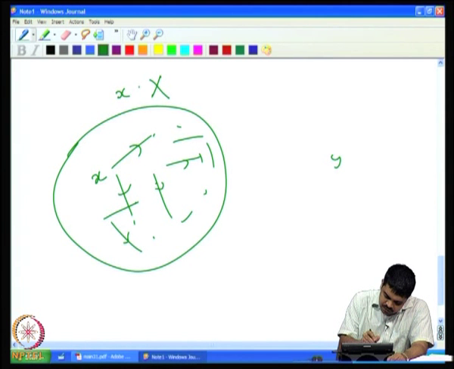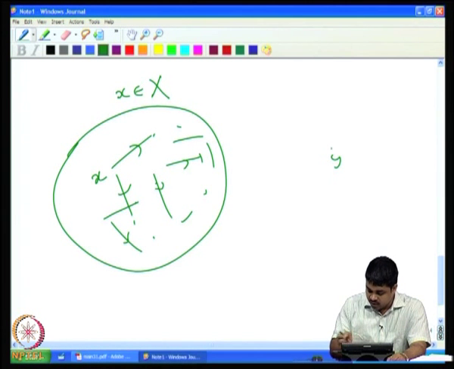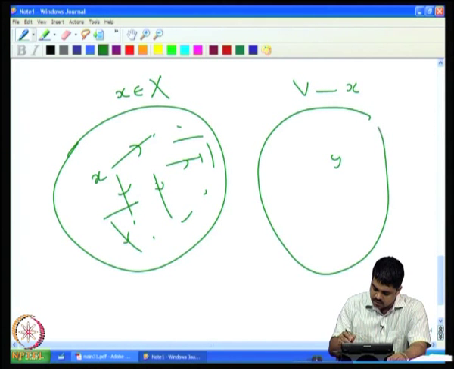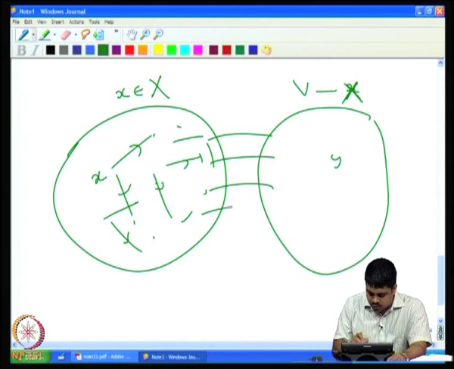So, we have this source inside it, y is outside it, this is v minus x. Therefore, there will be some arcs going from this side to this side, something inside here.